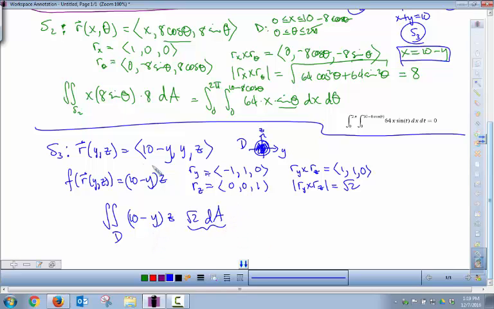And so we can change this into polar coordinates with y and z as the variables. We'll let y equal r cosine theta and z equal r sine theta. And your r limits are going to go from 0 to 8, and your theta limits are going to go from 0 to 2 pi.